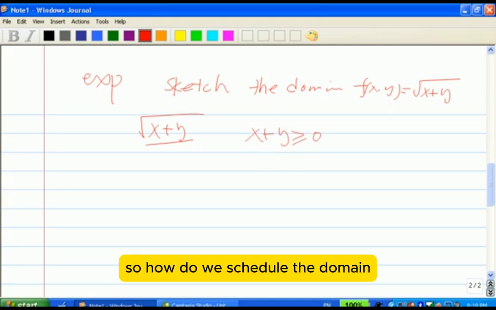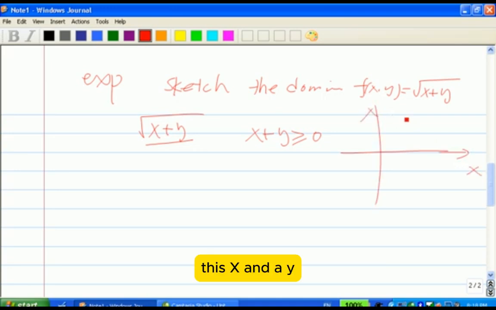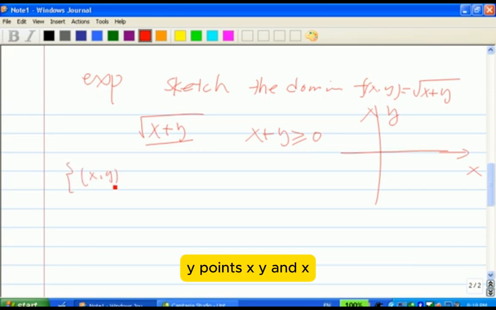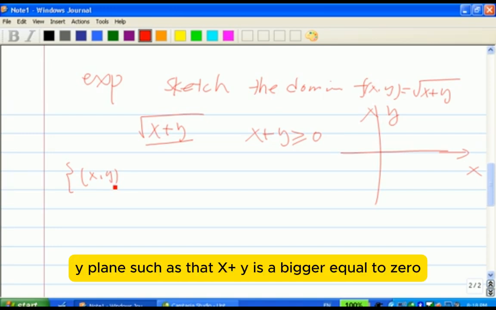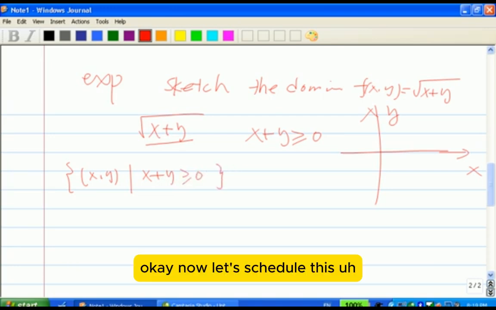Okay. So how do we sketch the domain? All those possible x and y values. So your domain you can write as a set: all the points (x,y) in the xy plane such that x plus y is bigger or equal to 0. Okay, now let's sketch this.